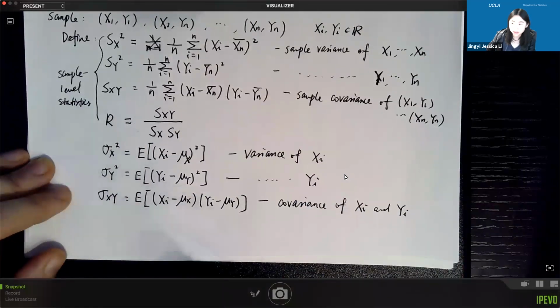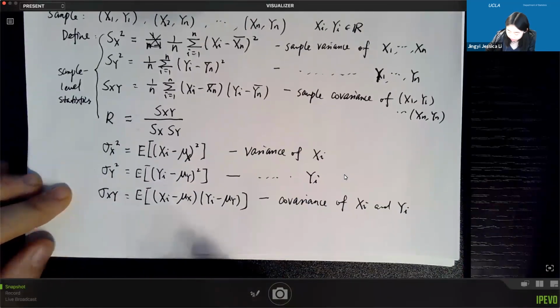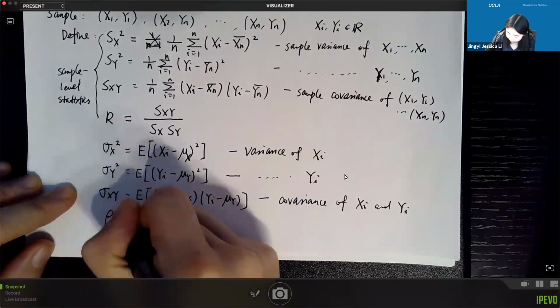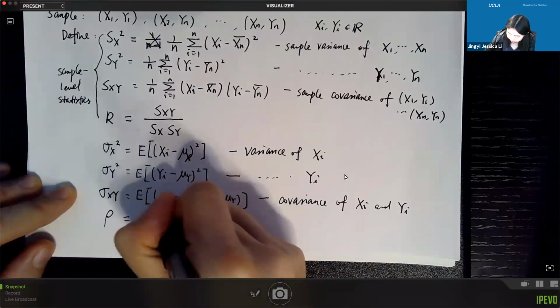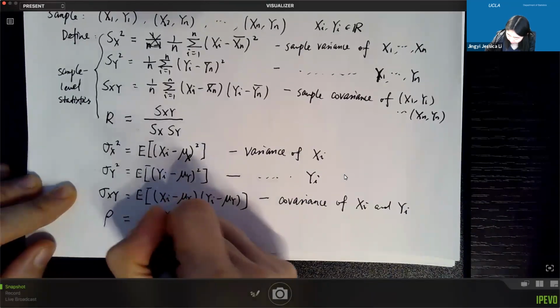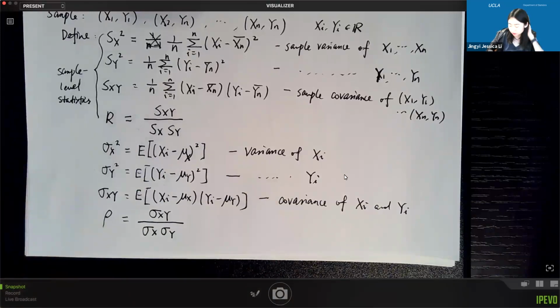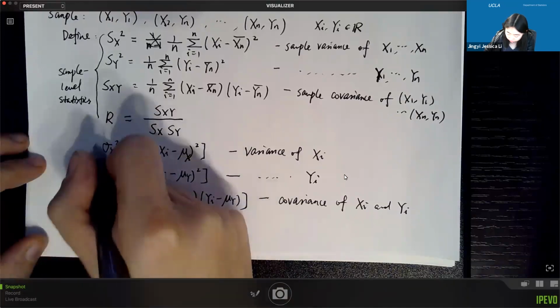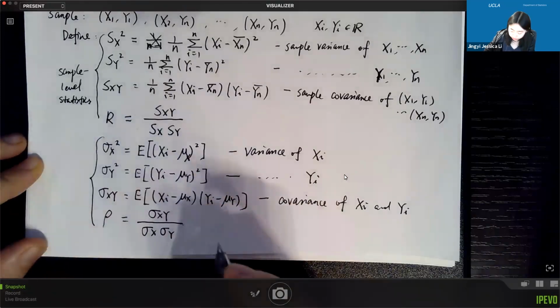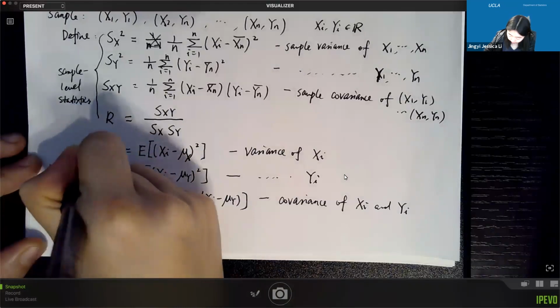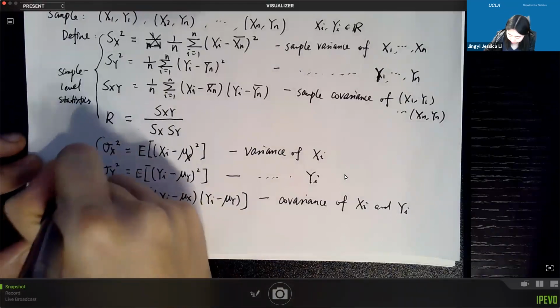So then finally, we can define the Pearson correlation. Here we use the notation rho, defined as sigma xy divided by sigma x times sigma y. Same idea, but the sample statistics are replaced by population parameters. So these are what we call population level parameters.